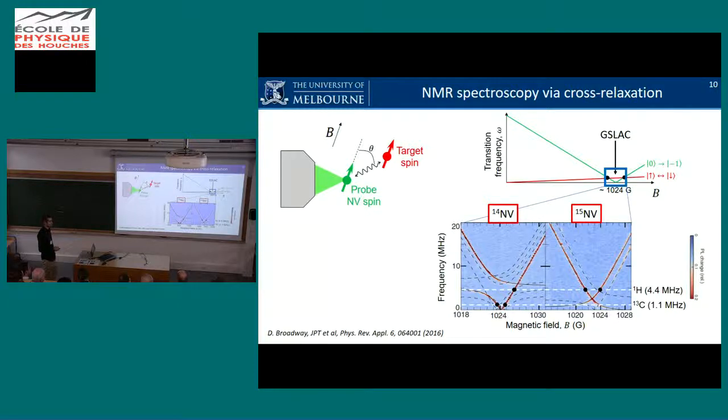If you look at where you expect resonances with hydrogen, so proton spins at 4.4 megahertz at this field, you only have one resonance, after the GSLAC, for N14. And if you want to detect carbon-13, which is at 1.1 megahertz Larmor frequency, you can only use the N14, because there is a vanishing transition probability at this frequency with N15.